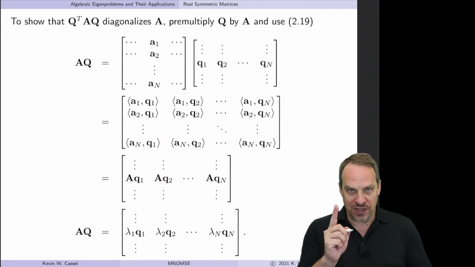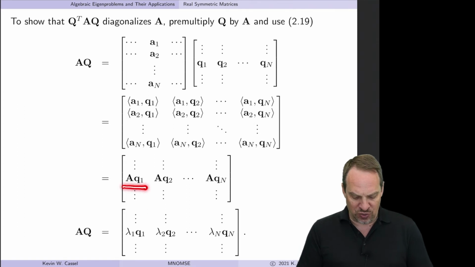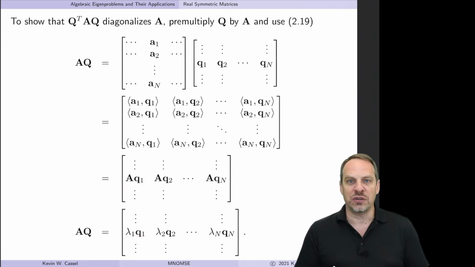But from the eigenrelations, AQ1, well, that's just lambda 1 Q1. AQ2 is just lambda 2 Q2. So now we have our matrix A times Q. The columns of that product are just the eigenvalue times its corresponding orthonormal eigenvector, 1, 2, 3, through n.